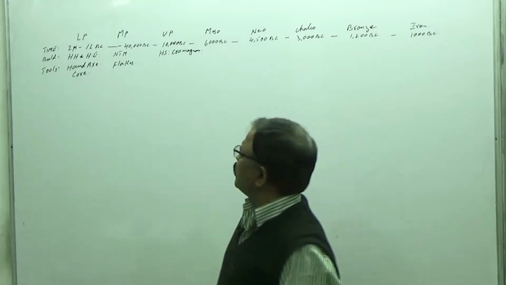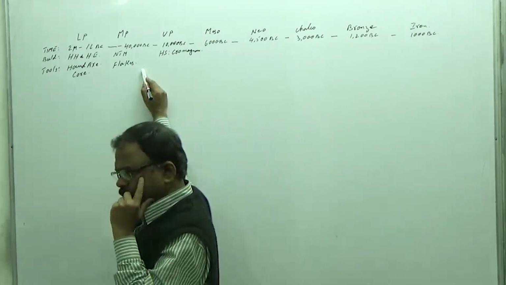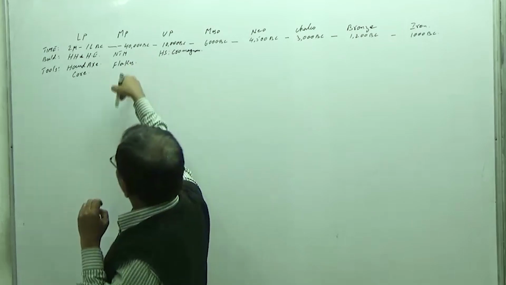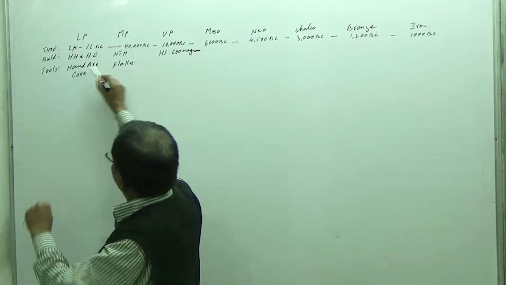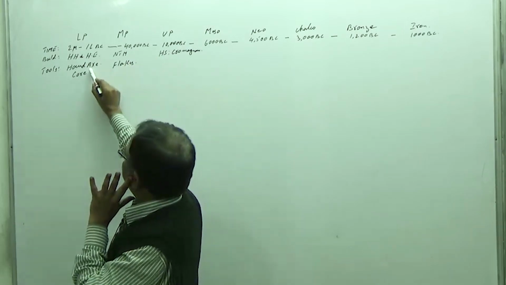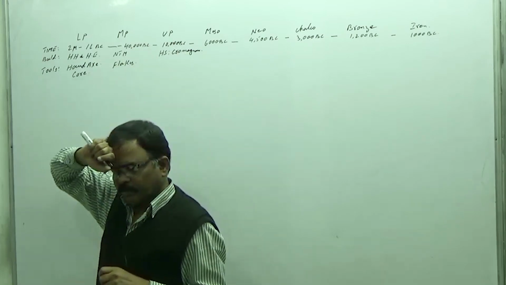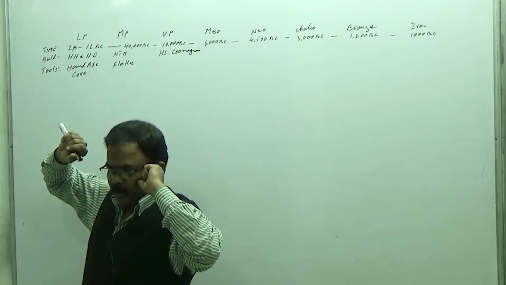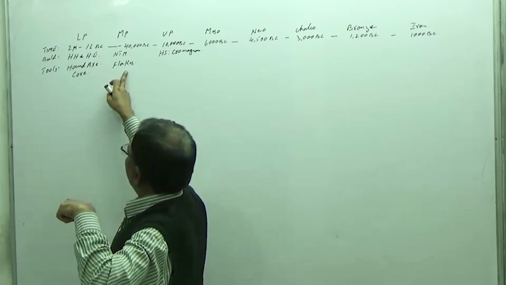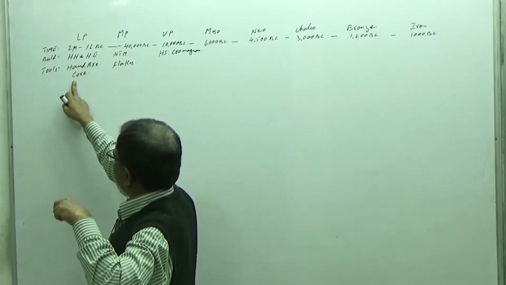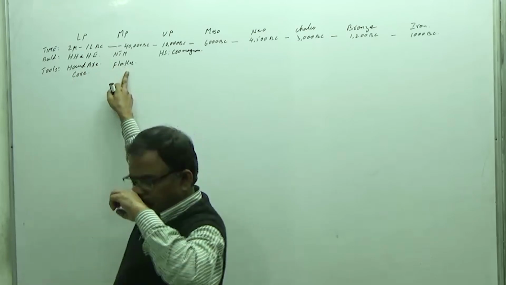That means in Middle Paleolithic, they mostly used flakes along with the hand axe. Hand axe is present throughout the Paleolithic period, but the flake number is very negligible here. The flake number increased in the second.